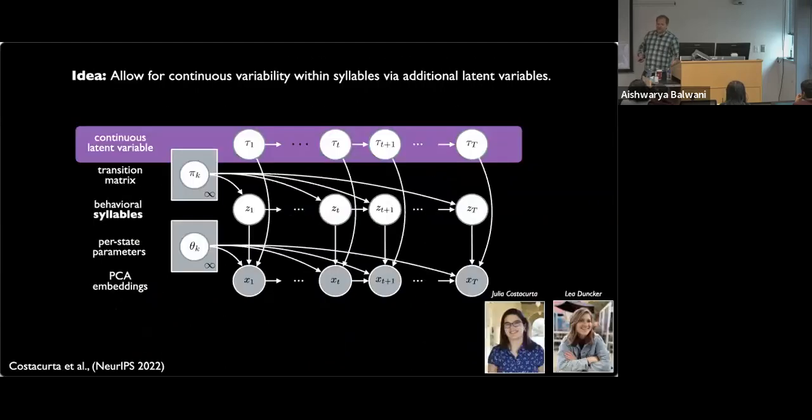And one thing that we thought might be contributing to that continuum is that maybe there's some extra continuous latent variable that needs to be added to this model in order to give these states a bit of extra capacity. So what we did, and this is work by Julia and Leah in my group that we presented at NeurIPS last year, is we extended this MoSeq model with this extra, just one-dimensional continuous latent variable that we call tau.